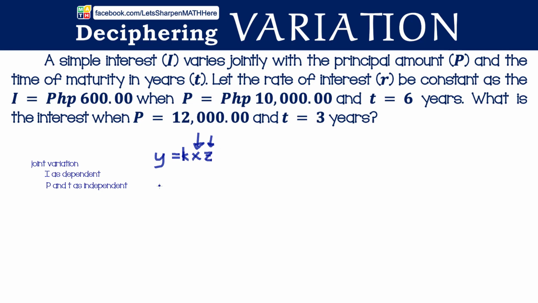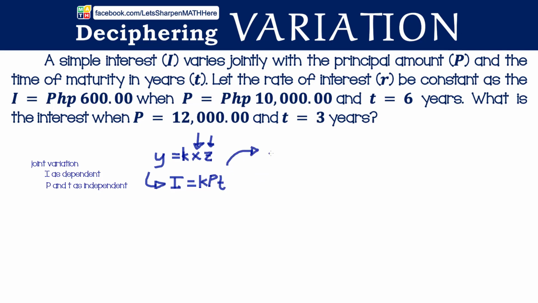In this case, let us try to come up with an equivalent equation for the problem. Since I, the interest, is our dependent variable, there's always k. But our k here later would be r, because it's what is said to be constant. Let's just call it k in the meantime so that we will be guided. It is multiplied with P as your principal amount and T, our time in years.